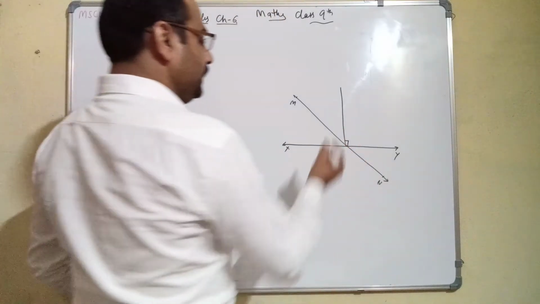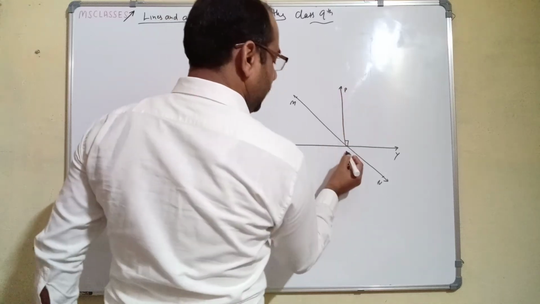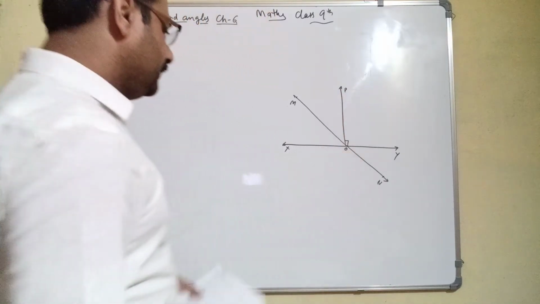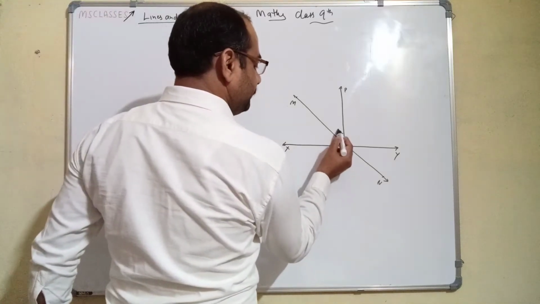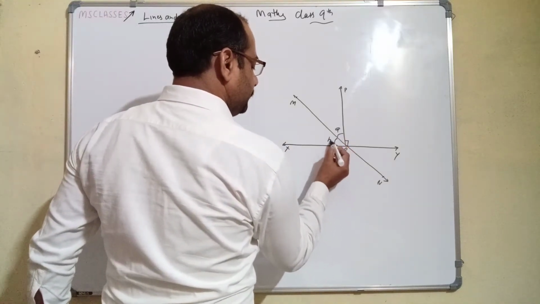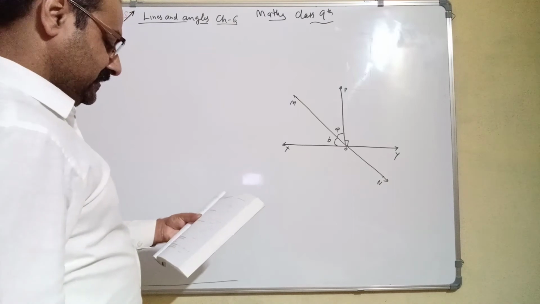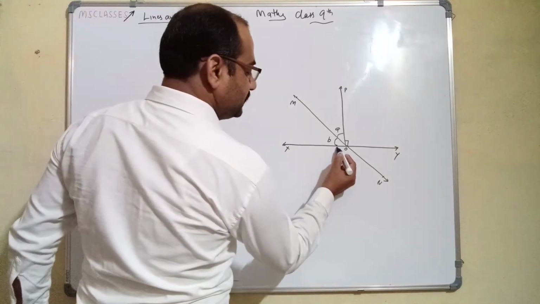This is P at point O. Now what you have given? You have given this angle is A, this angle is B, and this angle is C.